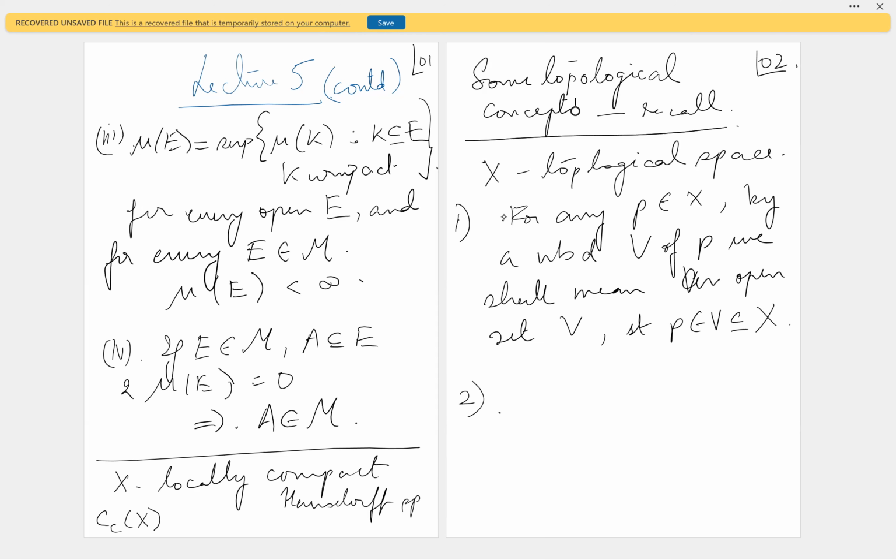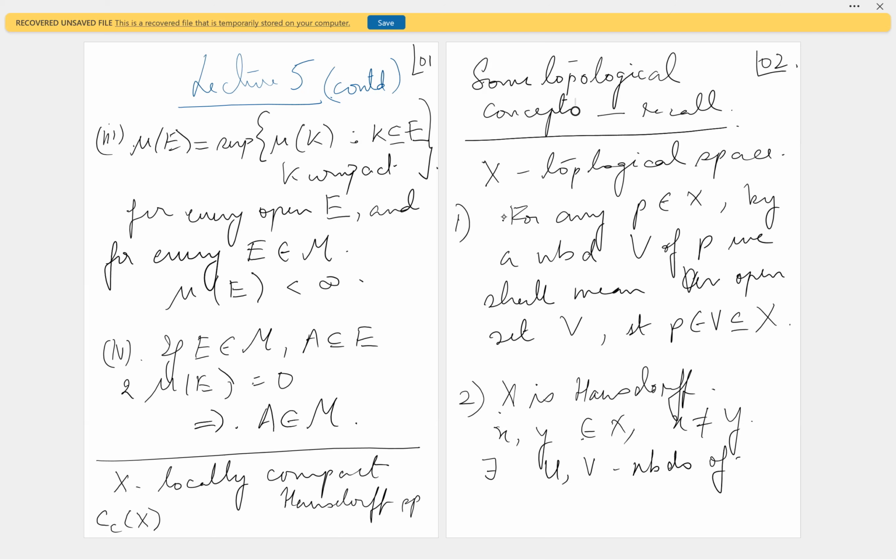And X is Hausdorff, I think I can skip. All of you would know that. Okay, I might as well give you, what is it? If you take x, y belonging to X, x not equal to y, there exist U, V neighborhoods of x and y respectively, right?